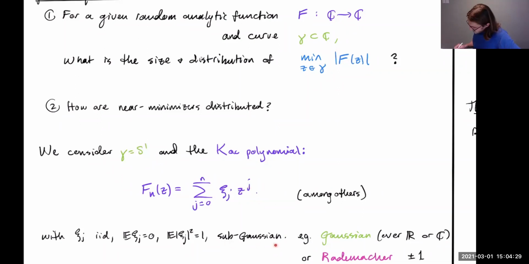Okay, we have this sub-Gaussian assumption. In the literature, the most well-studied examples are the Gaussian case and the Rademacher case. The sub-Gaussian assumption is not so important, that we have really nice tails. That's not really the mechanism for the minimum modulus.